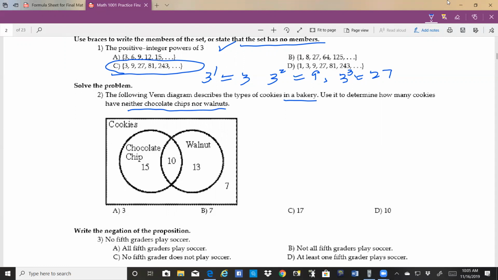Well, we see pretty clearly the chocolate chips and the walnuts, and those that have both, and the universal set as far as the cookies is concerned. The number of cookies that don't have chocolate chips or walnuts would be 7. So the answer is B.